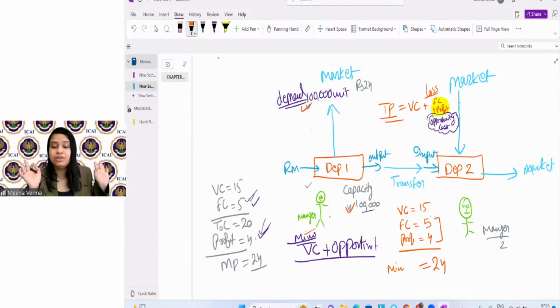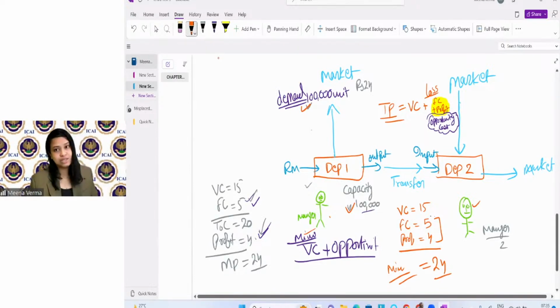So in such a scenario, if the manager of department 2 comes and demands the product, he will say, if you want my product, I have to interrupt the production for the market. I want to recover my opportunity cost. So the minimum expectation here will be 24 rupees.